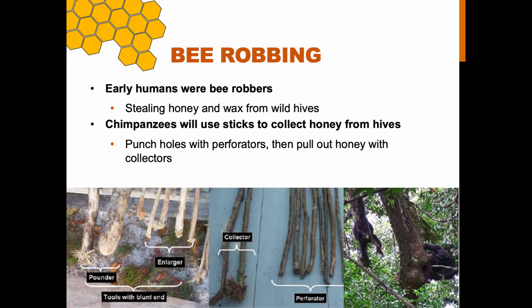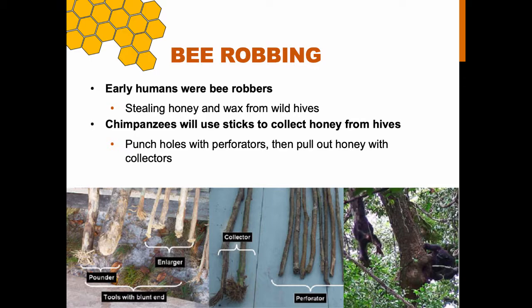Chimpanzees have a whole range of sticks of different sizes and shapes that they will use. What they'll do is they'll crawl up a tree to where a honeybee hive is, and they use a perforator, which is a long, thin stick with a pointy end, to stab holes in the hive. They've got enlargers and pounders, which are used for breaking the hive open or enlarging the holes that they produce.